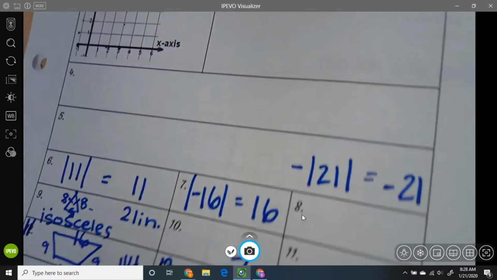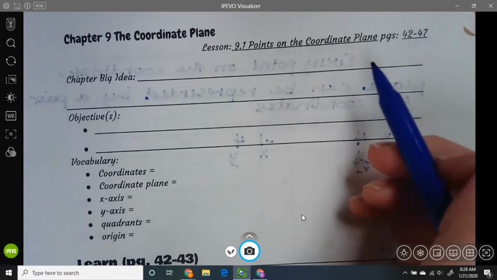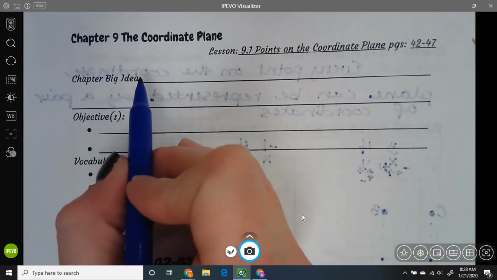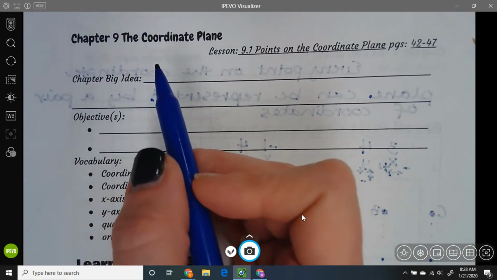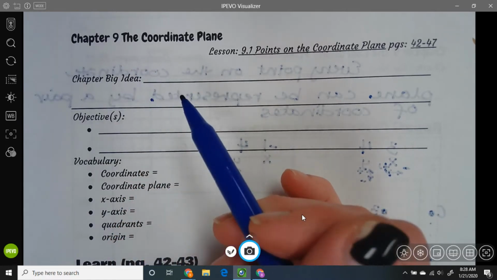So we're going to move on to lesson 1, which is points on the coordinate plane. The big idea is obviously the same, that we can find points on the coordinate plane, and those are represented by a pair of coordinates.